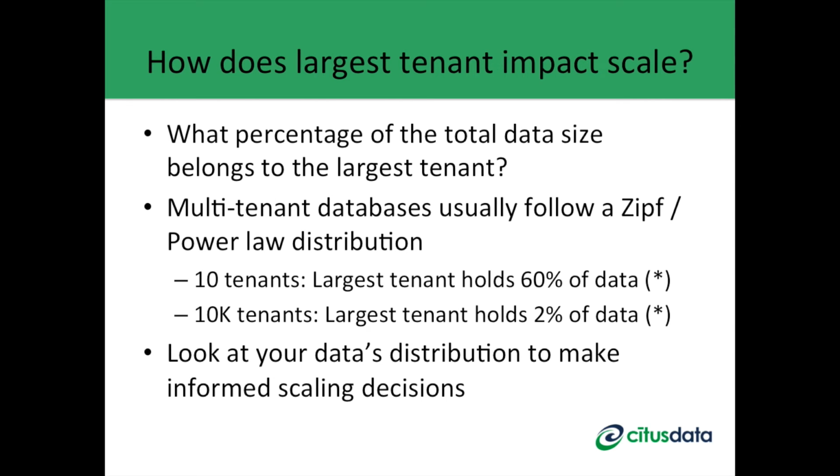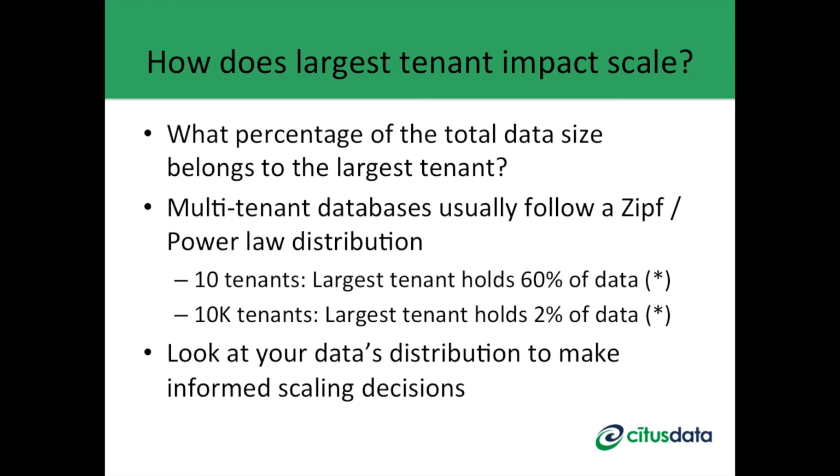The second question that we hear relates to how large tenants are and how those large tenants would impact scaling out. If you're looking to migrate your single instance database, then an important question to answer is, what percentage of the total data size does the largest tenant hold? That is, if your existing database serves 100 tenants and the largest tenant holds 10% of the data, then this approach will help you scale by 10x.